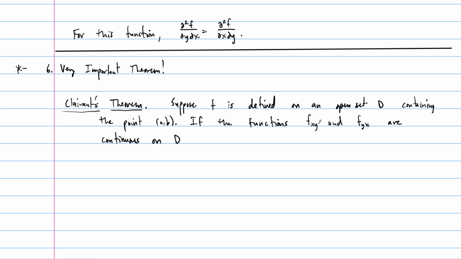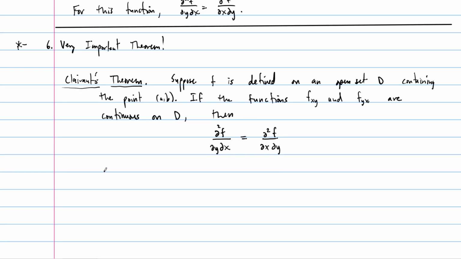so these functions that are built by taking two partial derivatives, if they're continuous on this open set D, then a couple things are true. These derivatives that we wrote down before are equal. So it's exactly these functions, right? But the idea is that these functions are equal on the entire set D. So not just at the point, but in a neighborhood.